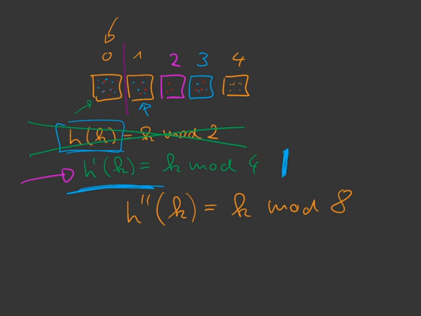And for those that fall into bucket 0, according to h prime, we have to use the new hash function here in order to find out if they really belong in 0 or are put into 4. And then we continue, and we are splitting also the bucket with ID 1.